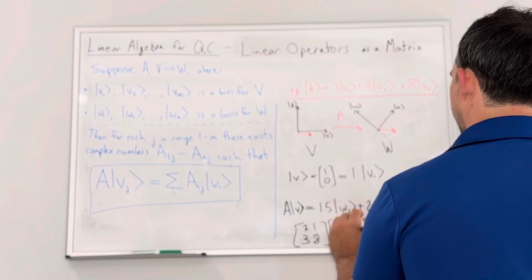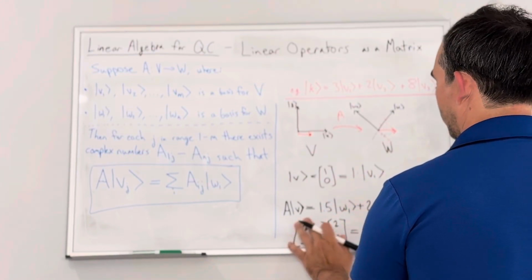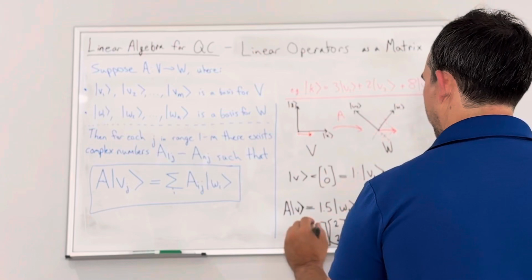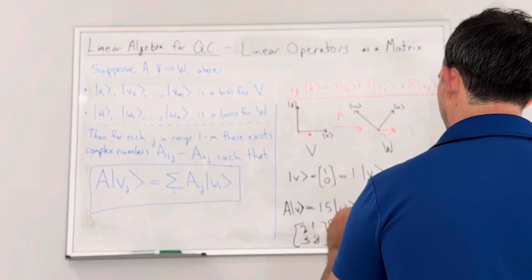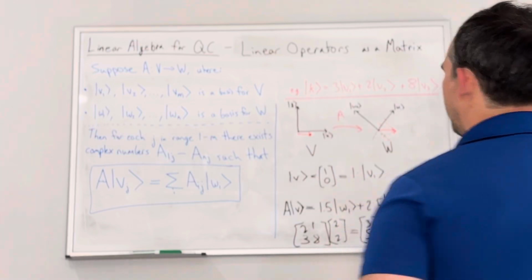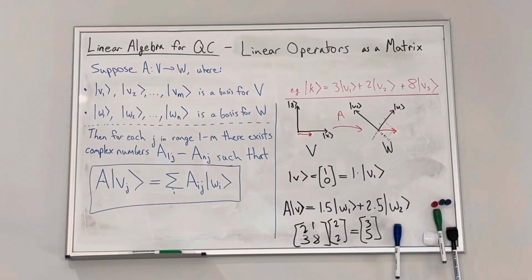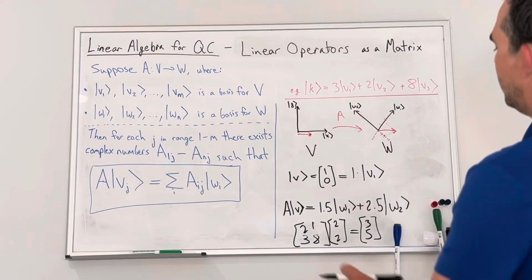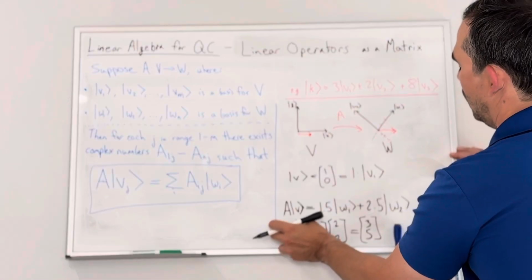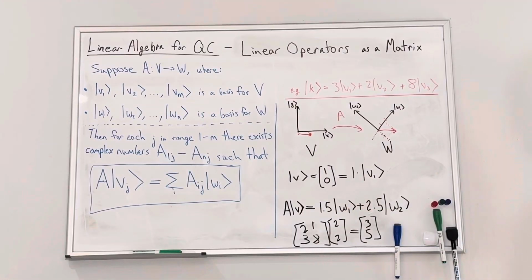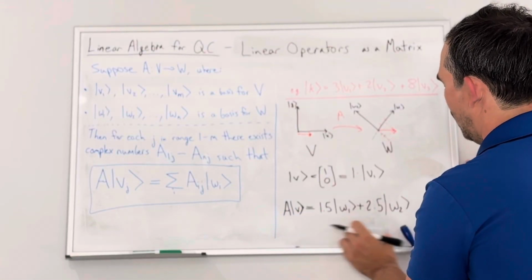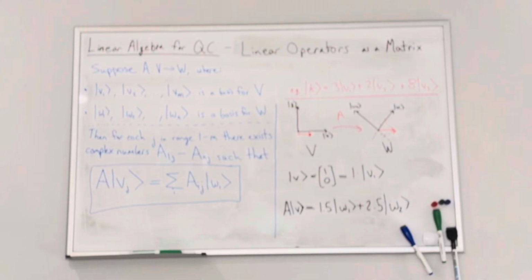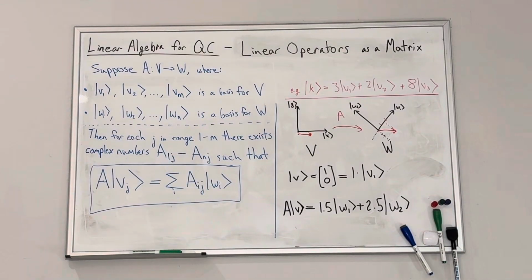That will give me some other values out of it, let's say 3, 5, whatever. All this notation really means is that our operator A can be turned into a square set of numbers that will show exactly how we translate this. Let's dive into an example just to make this a little more concrete.